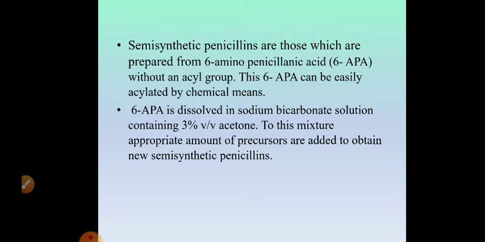So semisynthetic penicillins are those produced from 6-amino penicillanic acid, mixed with chemicals like sodium bicarbonate containing 3% volume by volume acetone, and to this mixture you add the precursor, the side chain required for manufacturing new semisynthetic penicillins.